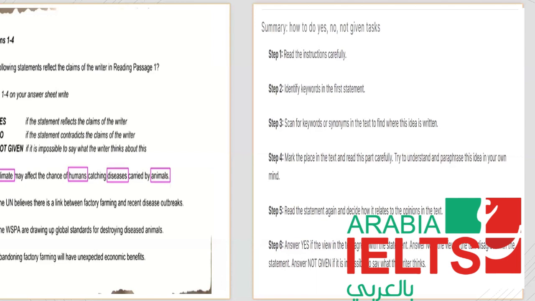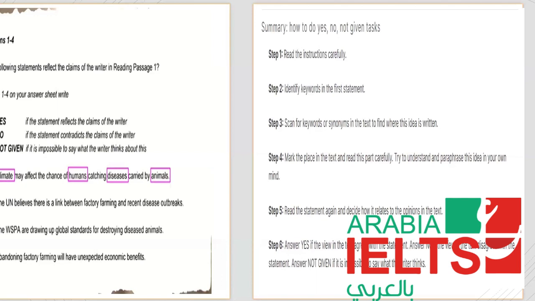Now, what you need to do is read your statements very well, so you will know what information you need to look for in the passage, mentally, I mean. In your mind, for any statement that you see in IELTS, you have to understand where's my subject, where's my verb, where's my object, where are the nouns and modifiers that can change the meaning.